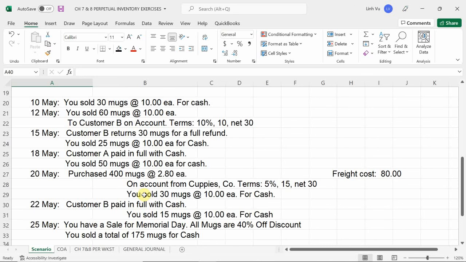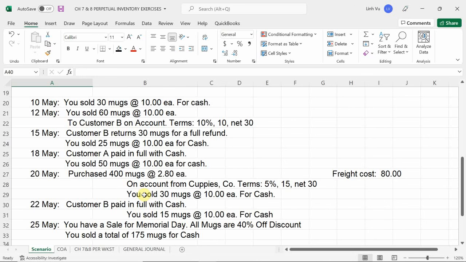But because I'm making a payment overall at the end of the month, altogether, I end up meeting the discount due date. So that means for this batch of inventory right here, for the May 20th, I have to adjust it because I am going to be receiving a discount off of the items here.